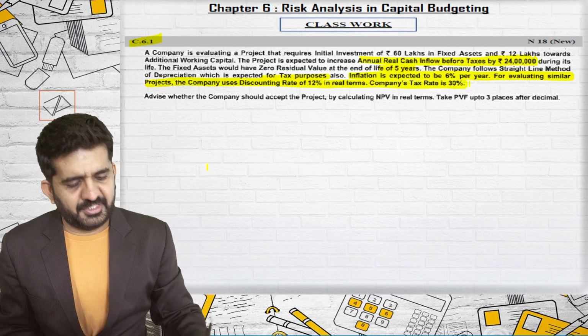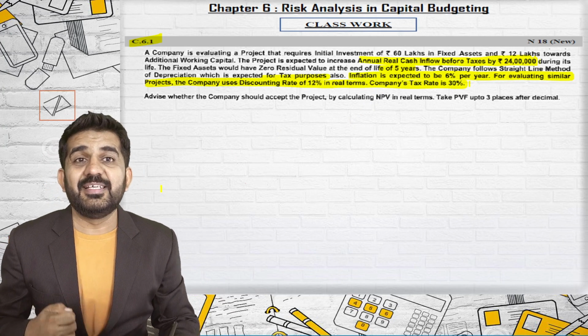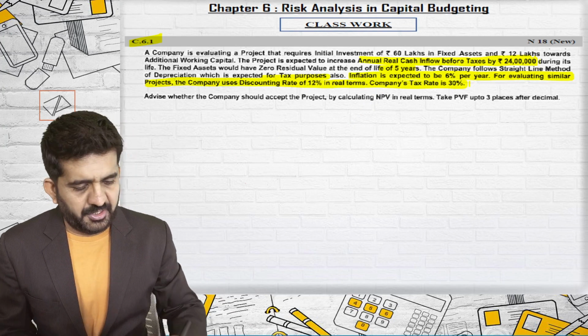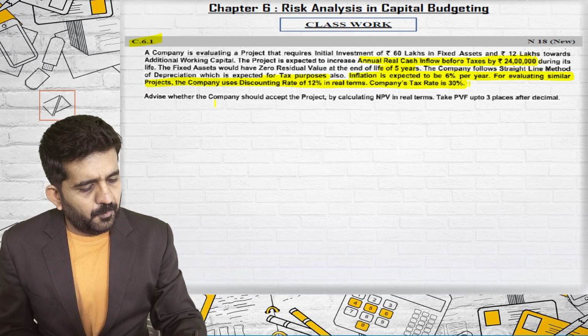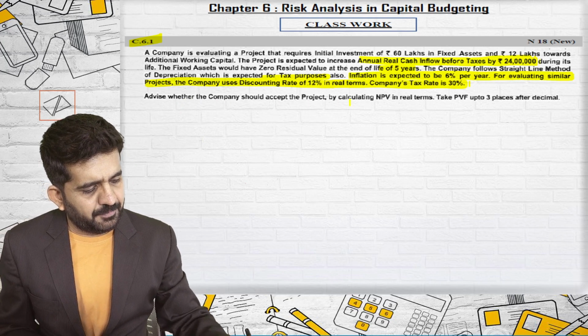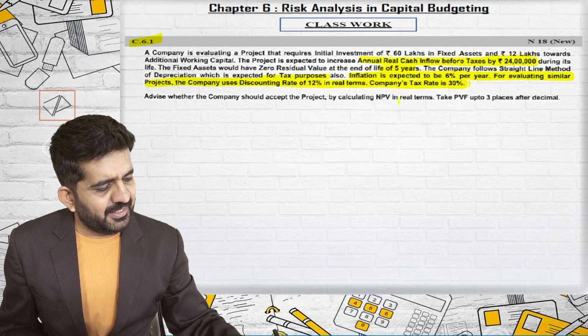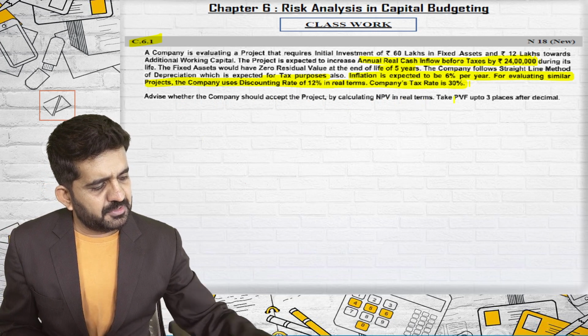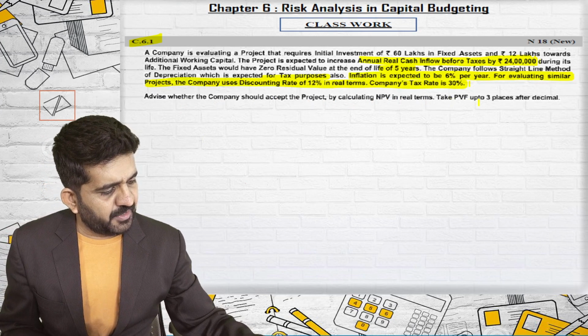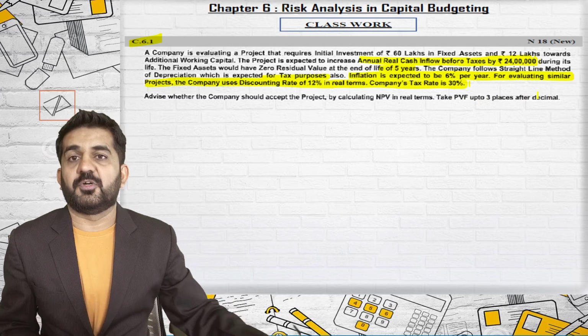Company's tax rate is 30%. This is the reason why we have taken this question over here. Advice whether the company should accept the project by calculating NPV in real terms. Take present value of cash flow up to 3 places after decimals.